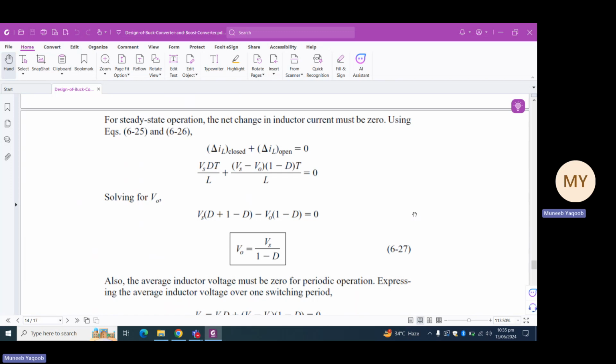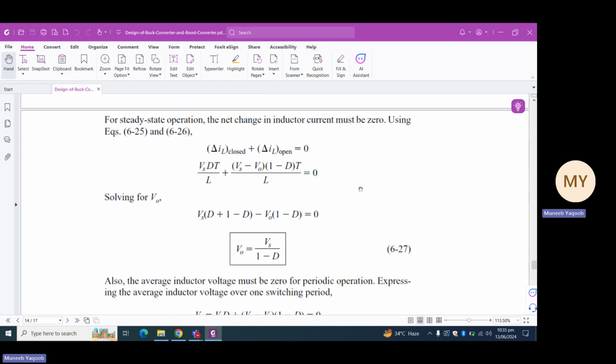So the output voltage is double the input or supply voltage Vs. Hence we conclude that if d is 0.5, the output voltage is double the input voltage, and the configuration is improving the output voltage. The output voltage is more than the input voltage, and that is why we name it the boost converter, because the output voltage is boosted from Vs to 2Vs.